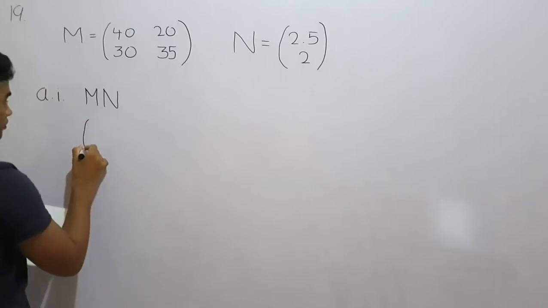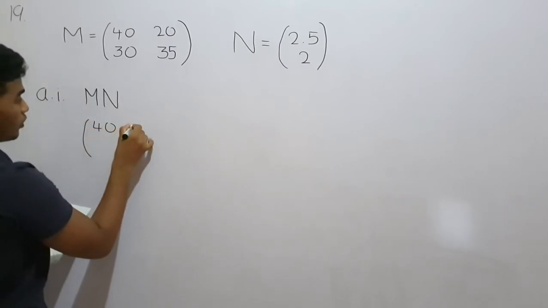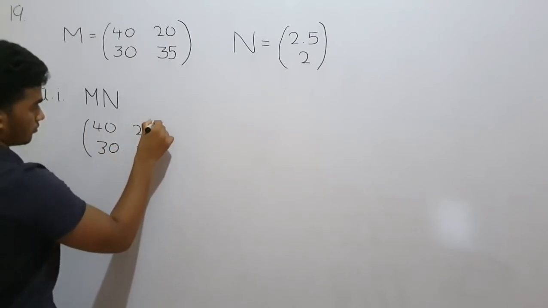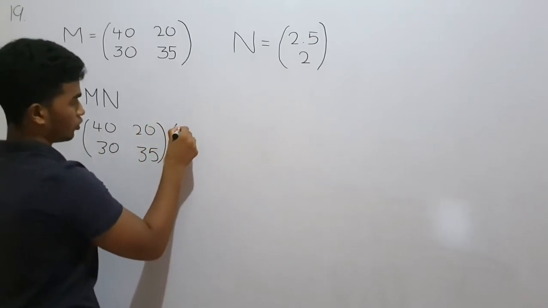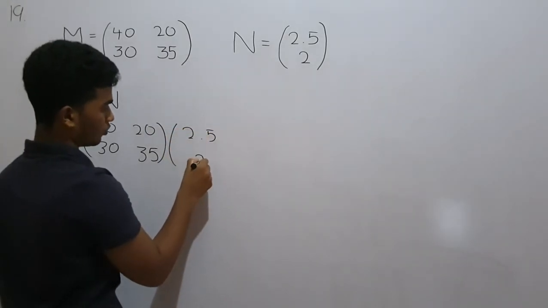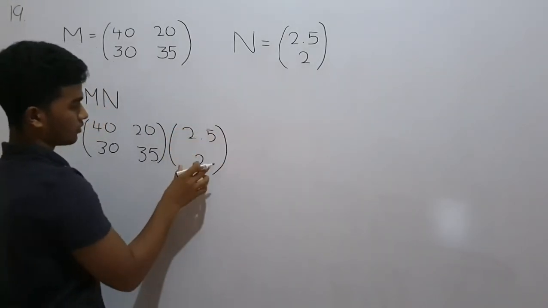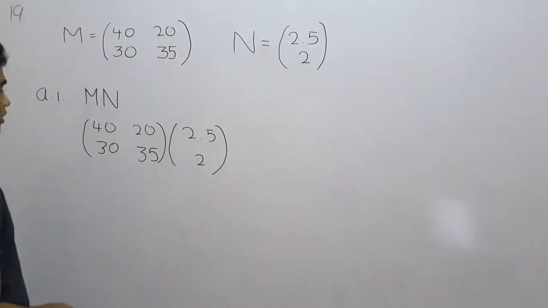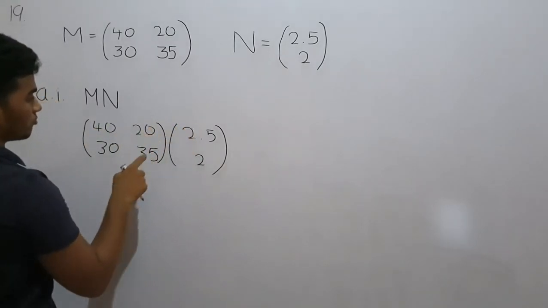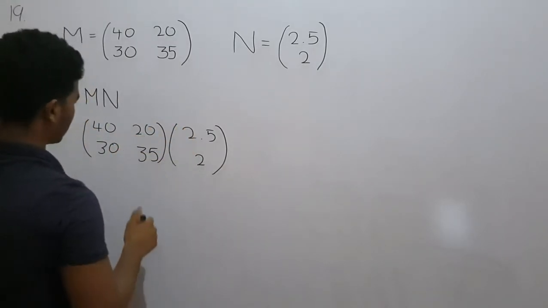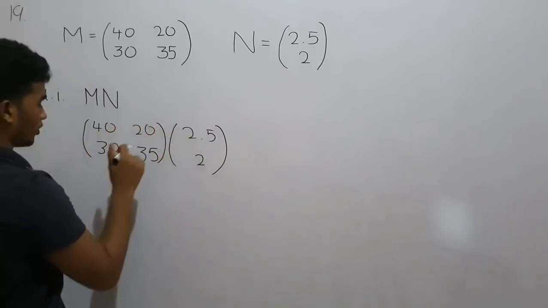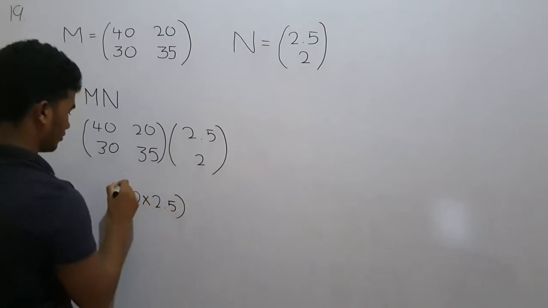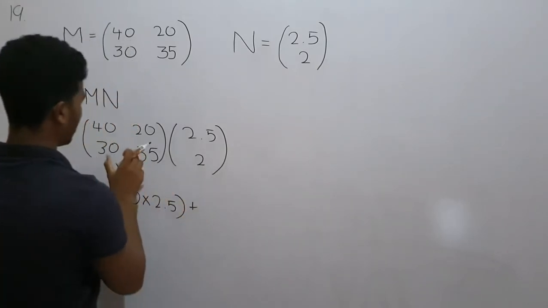So we'll write it first. 40 and 20, 30 and 35, into 2.5 and 2. So 40 into 2.5 plus 20 into 2.